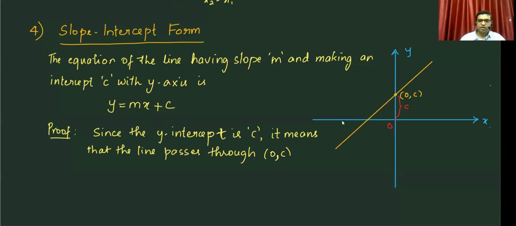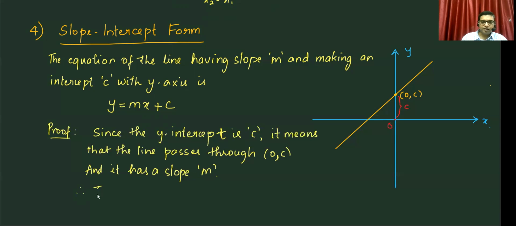Since y-intercept is c, the line passes through 0, c, and it has a slope m. So now it is passing through a point and having a slope.